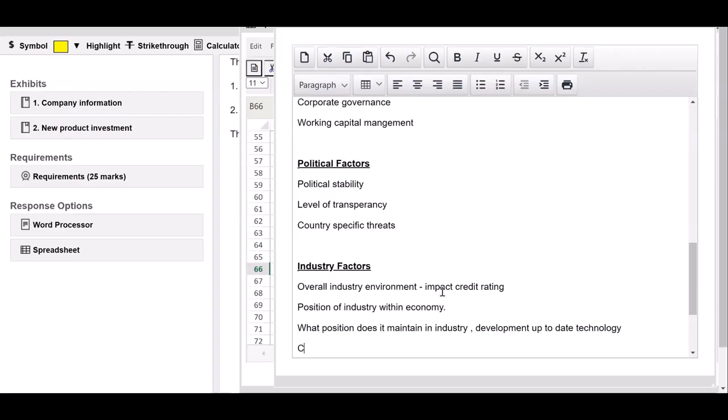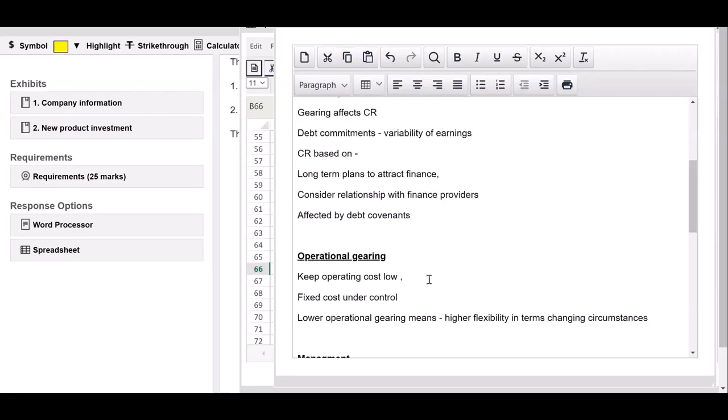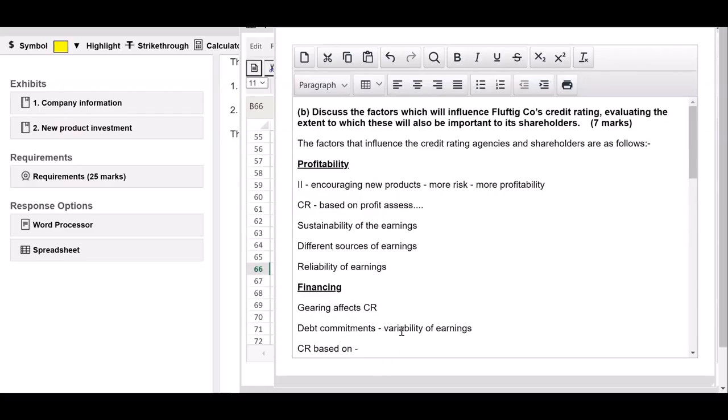And finally, yes, it is also important how cyclic the industry is. So these are things that you need to add on and put across in full sentences as far as discussing the factors which will influence Fluftig's credit rating.